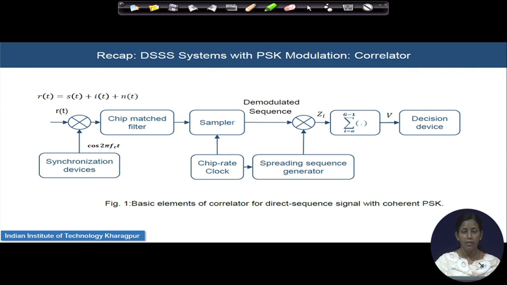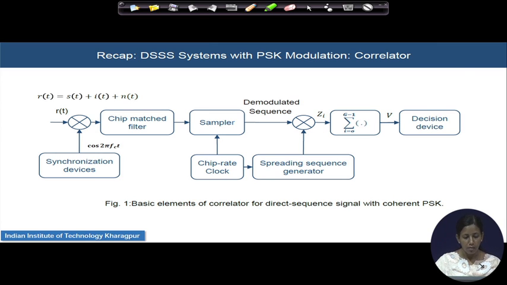Hope you will remember, in the last module we discussed the receiver architecture. Two different kinds of receiver architecture we have discussed. The last one was a matched filter based receiver, where the demodulator circuit was correlator based.